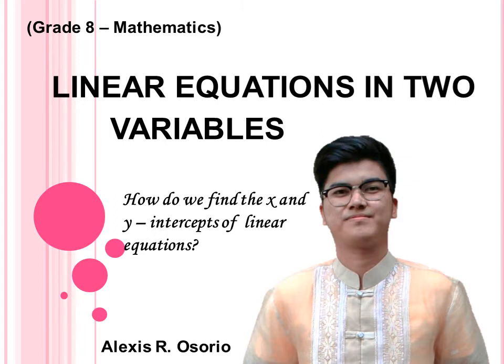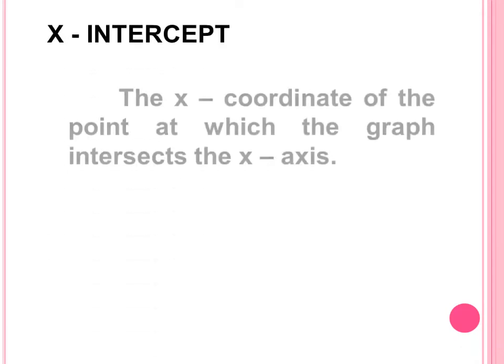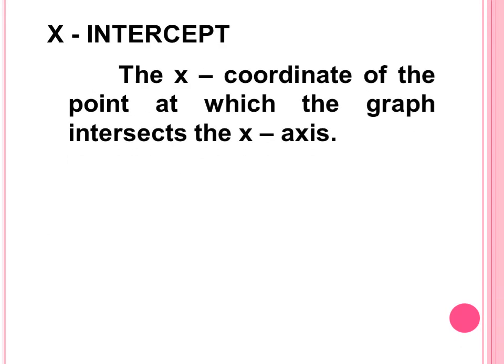In this lesson, we will learn how to find the x and y-intercepts of linear equations. The x-intercept is the x-coordinate of the point at which the graph intersects the x-axis.